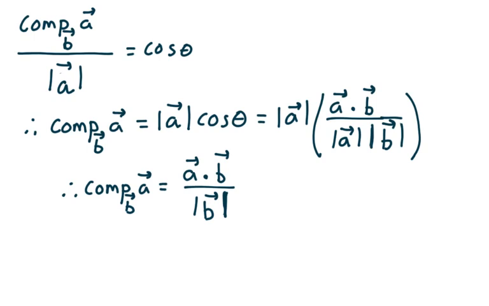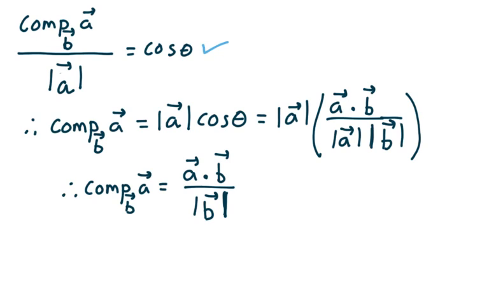If I take the scalar projection of A onto B and I divide by the magnitude of A, I get cosine theta. So think of it as adjacent over hypotenuse is cosine theta. And I'm going to multiply both sides by the magnitude of A. And so the scalar projection of A onto B is the magnitude of A times cosine of theta.